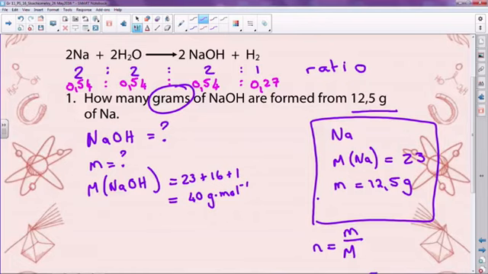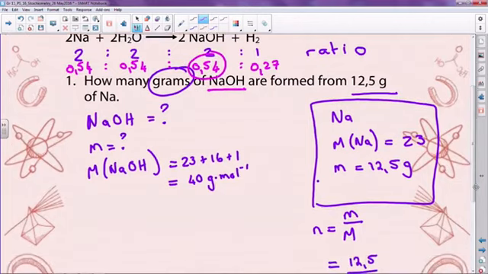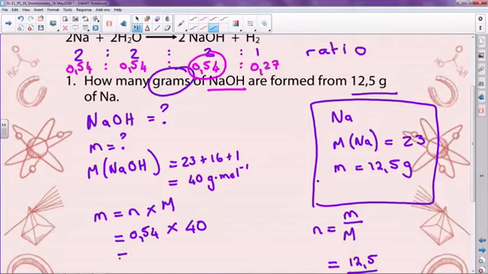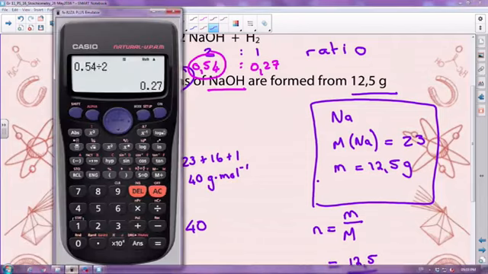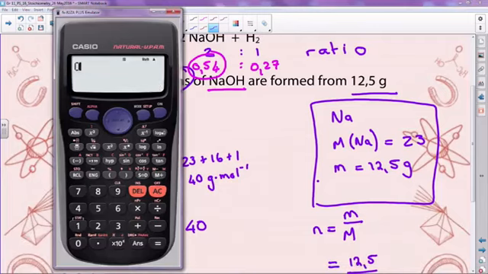Okay, so the question is, how many grams of sodium hydroxide? So how many moles of sodium hydroxide did I make? I made 0.54. So I take that value and calculate mass equals moles times molar mass. 0.54 multiplied by 40 gives me 21.6.